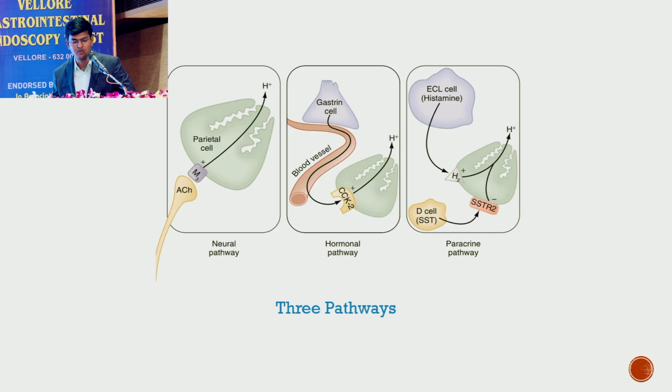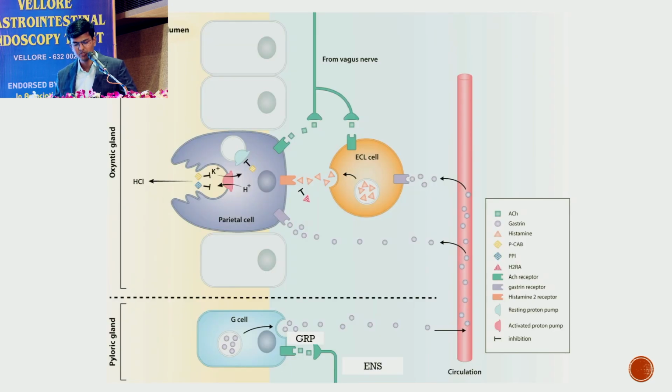Acid production is mostly controlled by 3 pathways: neural, hormonal, and paracrine. The neural pathway is acetylcholine, acting via M3 receptors. Gastrin comes under the hormonal pathway, acting via CCK2 receptors, and the paracrine pathway, histamine, acts via H2 receptors.